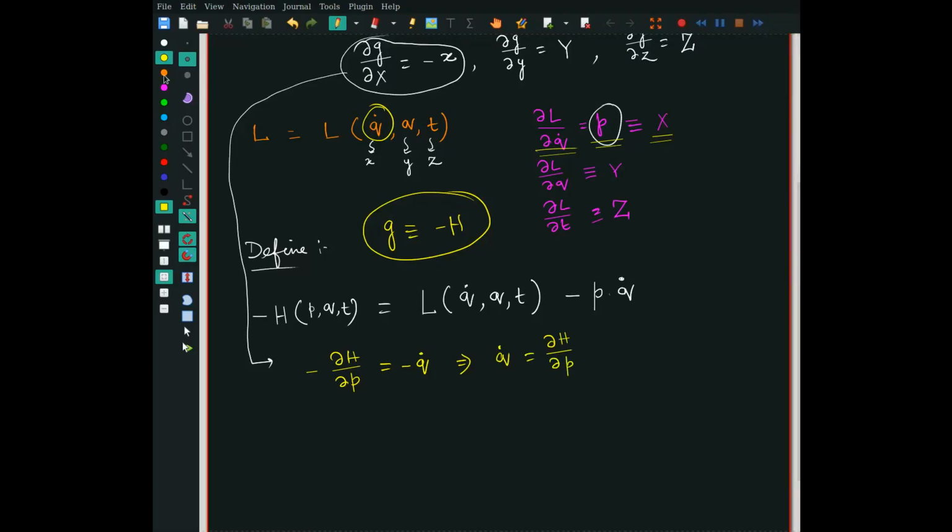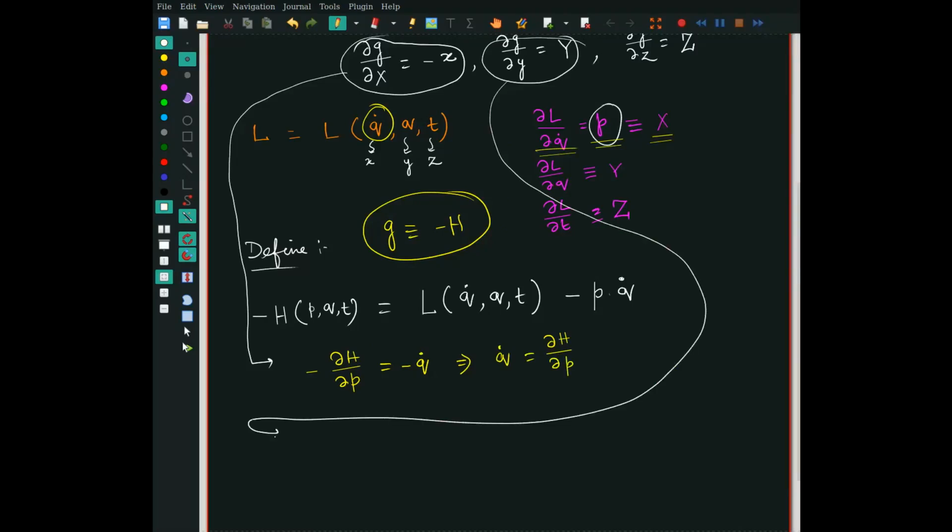Then you get the second equation. Del g del y equals Y. Y is your small q, so here the second equation will be minus del H del q equals Y. Y is del L del q.